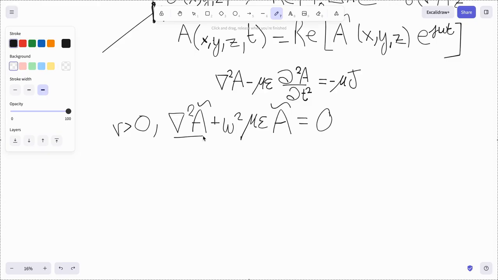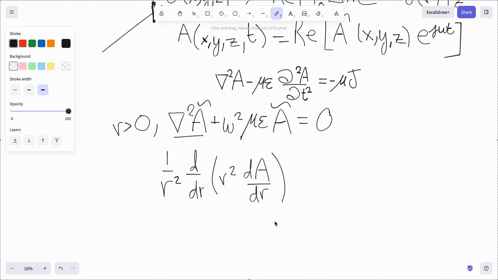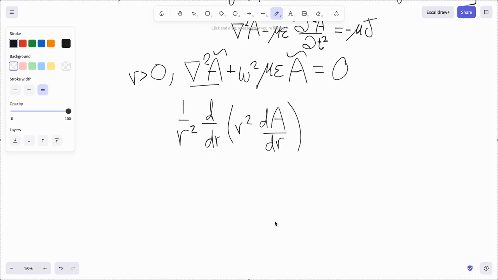In the last video, we converted this to polar coordinates so that we could get an ordinary differential equation that looked like this: 1 over r squared d by dr of r squared dA over dr.